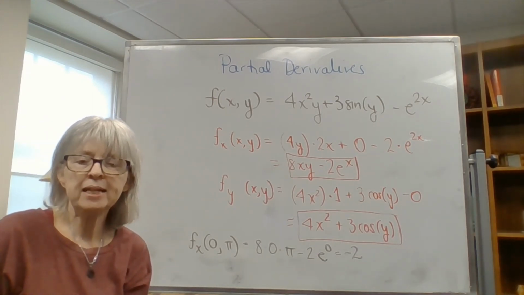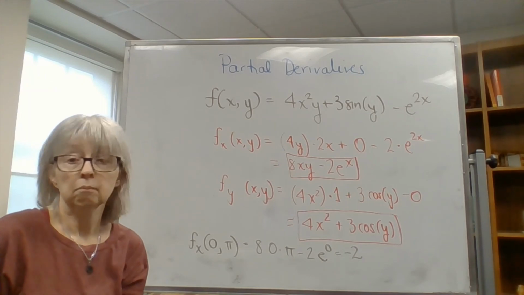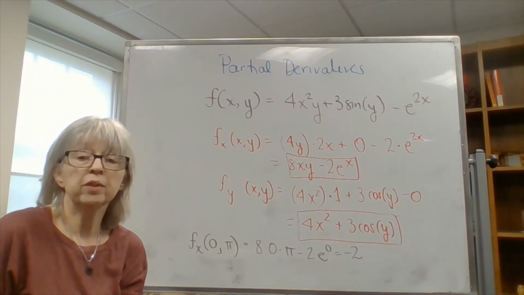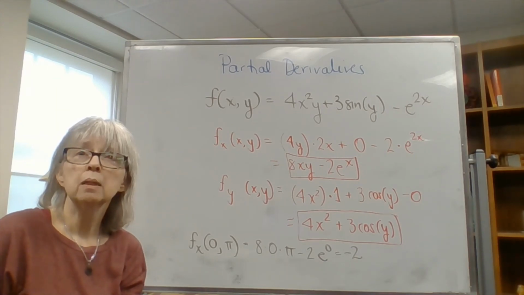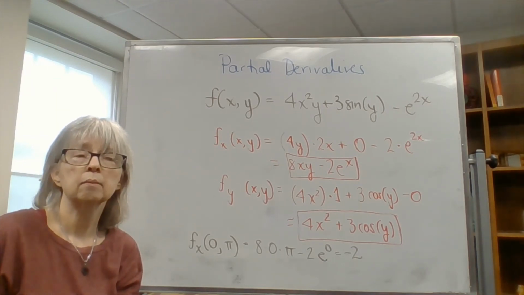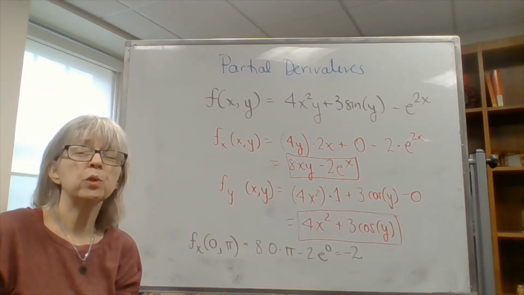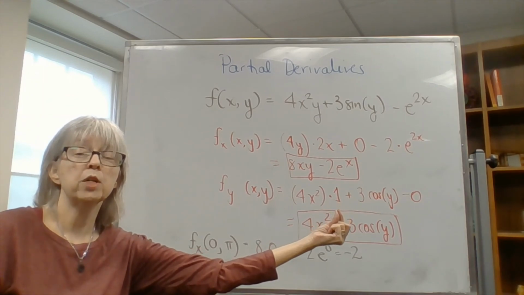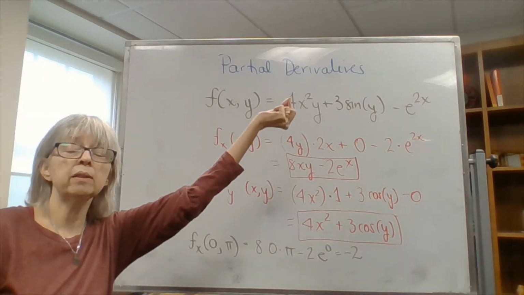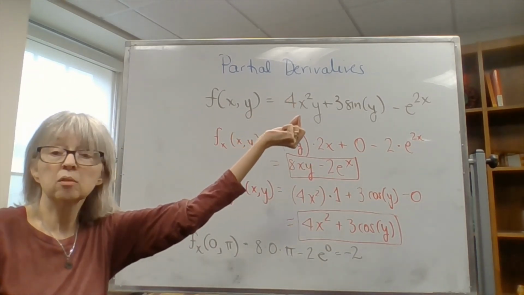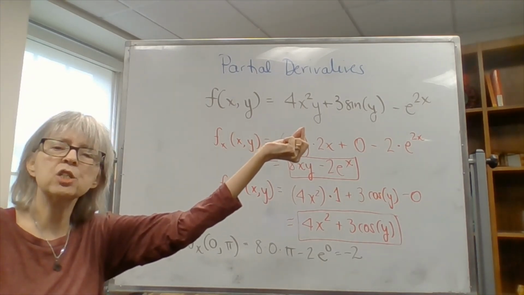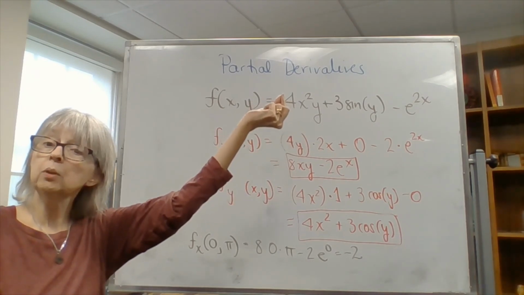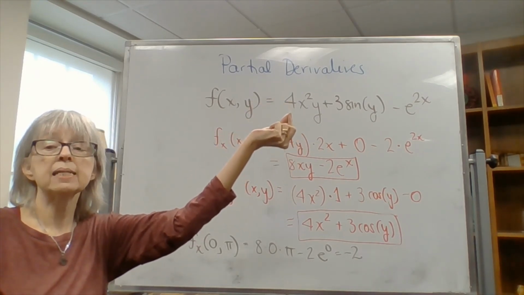So what does that minus 2 tell me? It is coming from a derivative. So if I am standing on the point on the surface where my x value is 0 and my y value is pi, I'm over here somewhere, standing on the surface, whatever z is equal to, and I take a tiny step in the x direction, will I go up, will I go down, or will I stay constant?